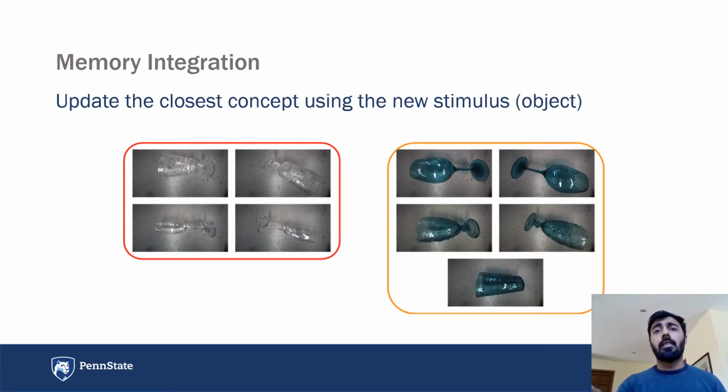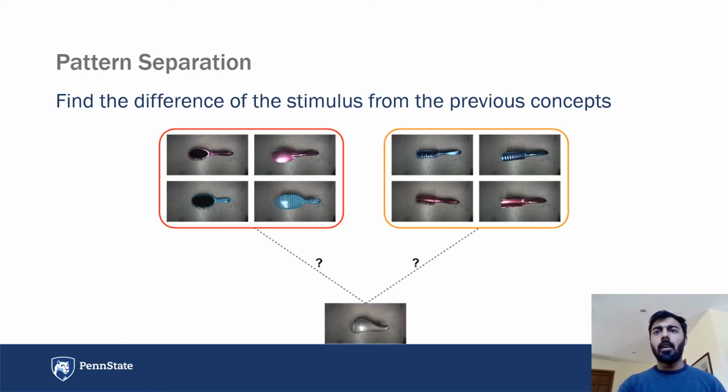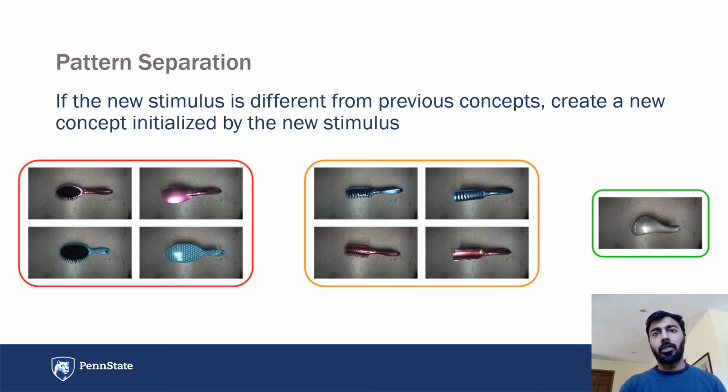If the object is closer to one of the previously learned concepts, the closer concept is updated using the new object, and this process is termed memory integration in the cognitive science literature. If the new object is quite different from the previously learned concepts, the model performs pattern separation, in which a new concept is generated, initialized with the new object. And this whole process continues over time as the model gets new objects.